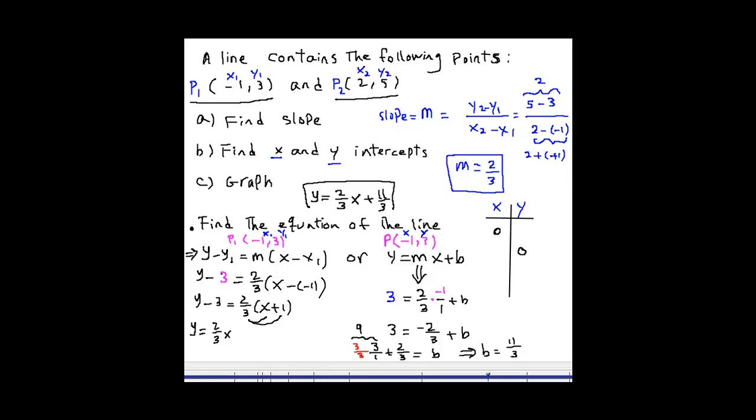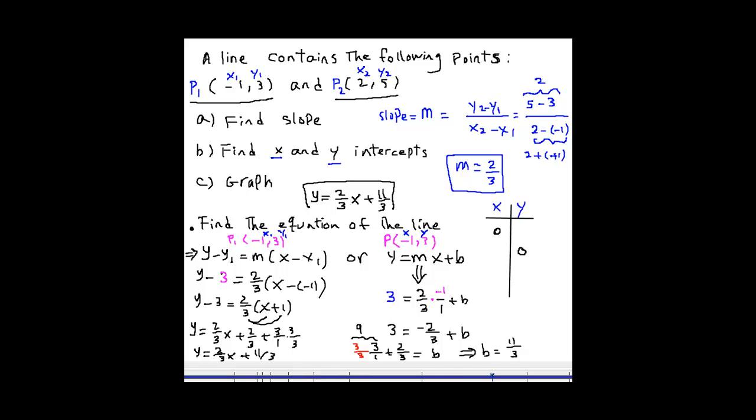Okay, plus 2/3 plus 3 over 1. You get the same exact answer, right? You get y is equal to 2/3 x, and then again LCD is 3, plus 11 over 3.